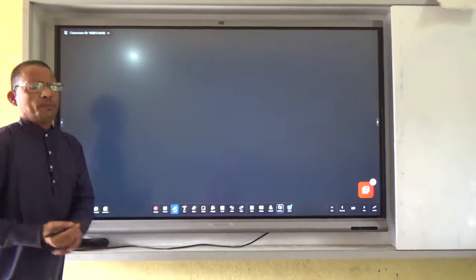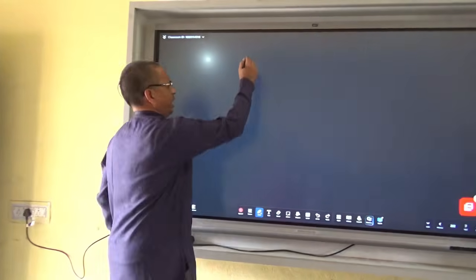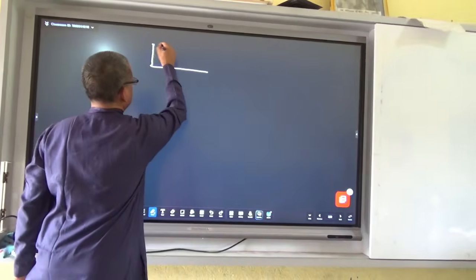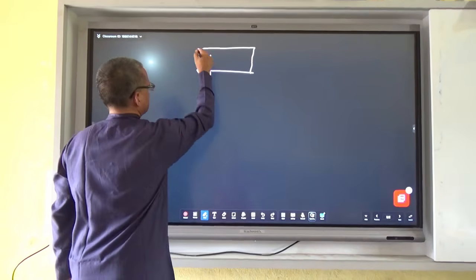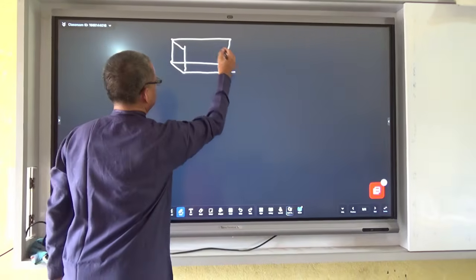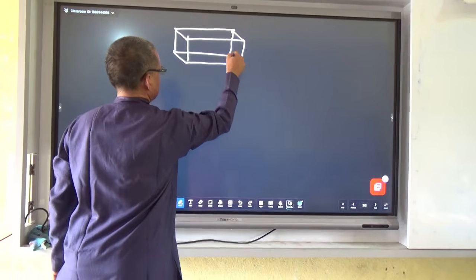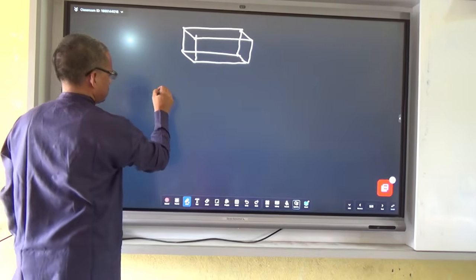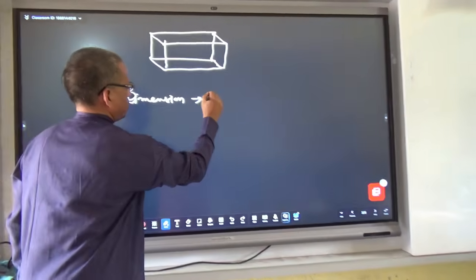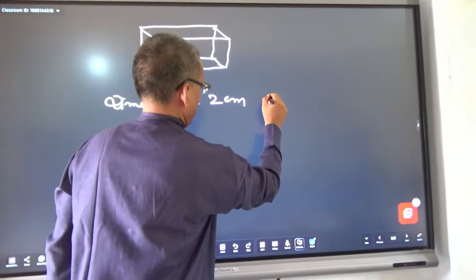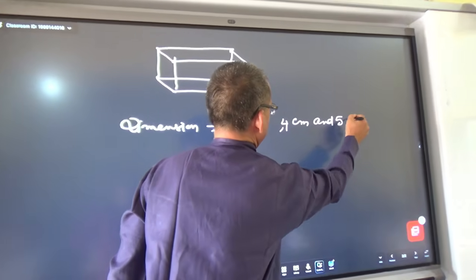Okay, let us make another question. In this situation, we take a cuboid, and its dimensions are 2 centimeters, 4 centimeters, and 5 centimeters.